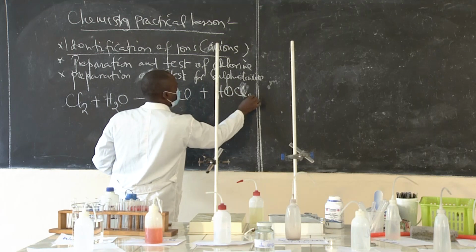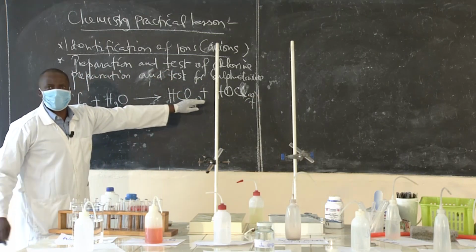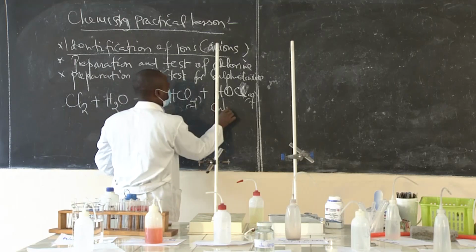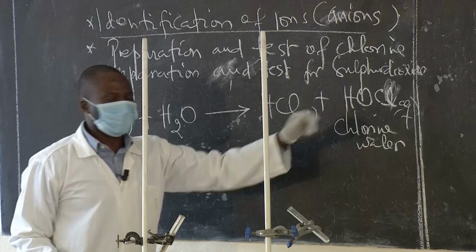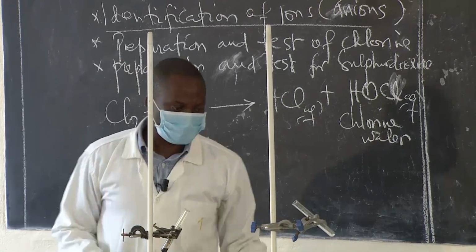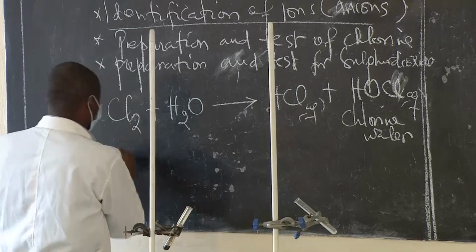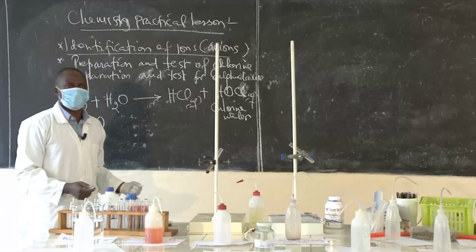This is hypochlorous acid. So this is commonly known as chlorine water. So this chlorine water, it was reacting with the litmus paper.